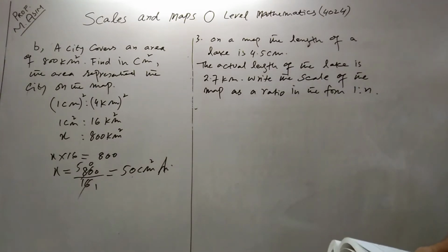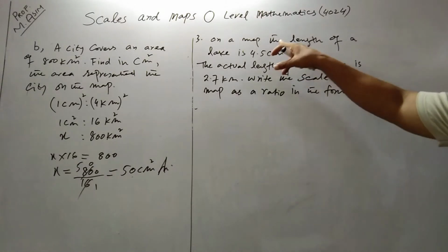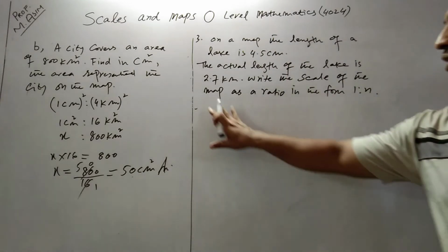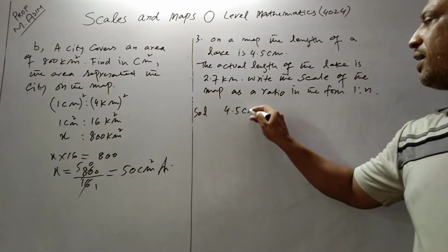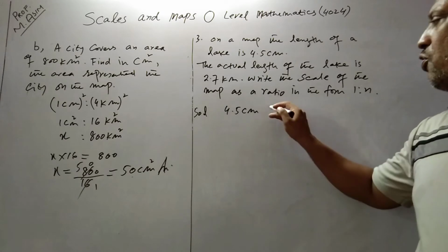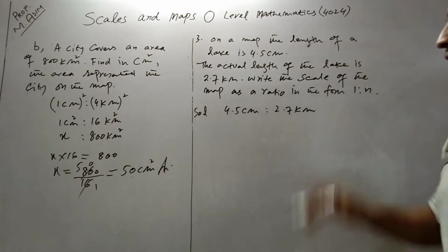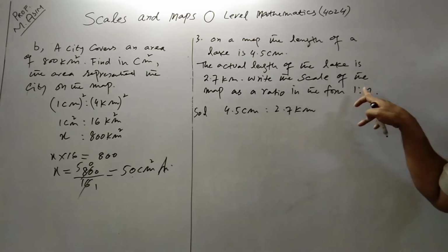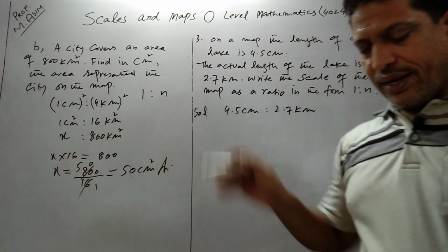So according to the question, on a map the length of a lake is 4.5 centimeter. The actual length of the lake is 2.7 kilometer. So the solution is: 4.5 centimeter on the map represents 2.7 kilometer in actual value. We need to convert the given scale to 1:n.